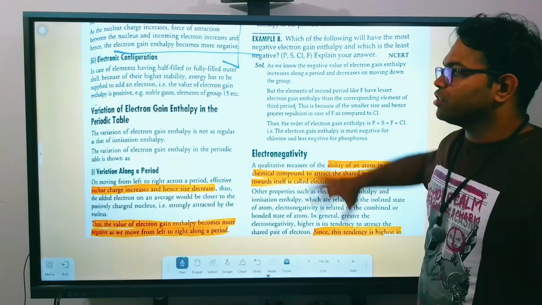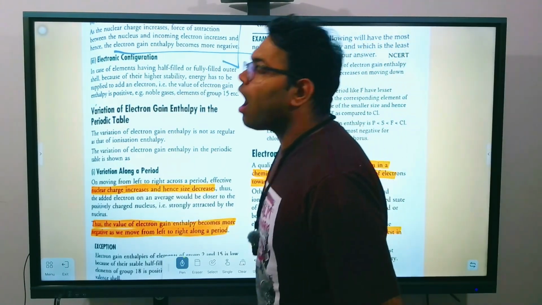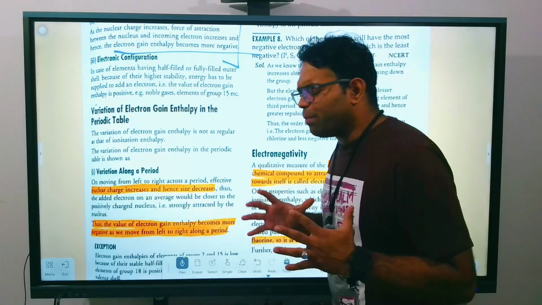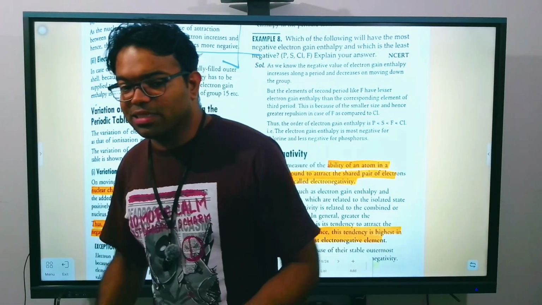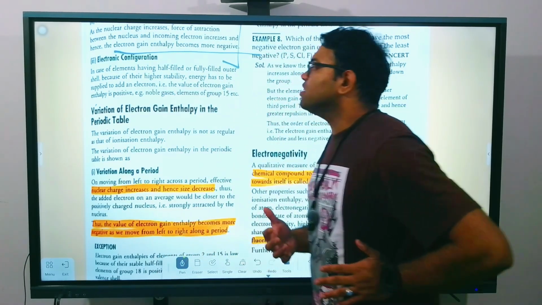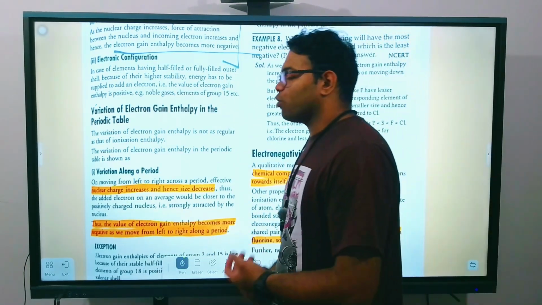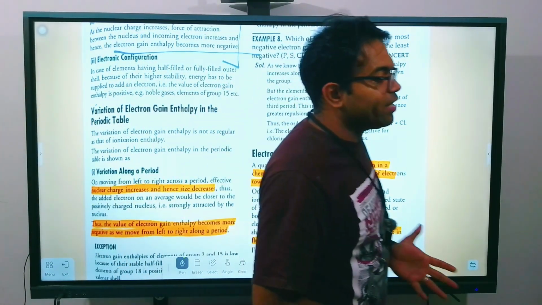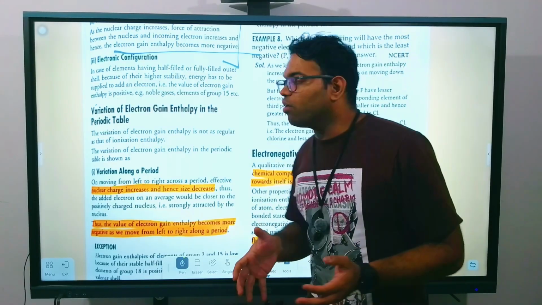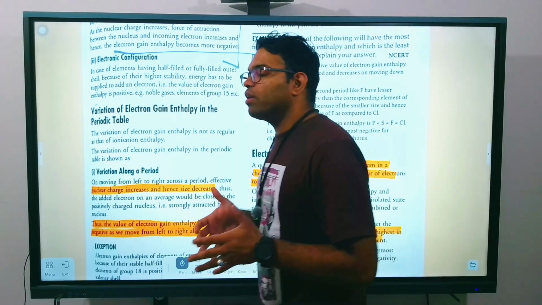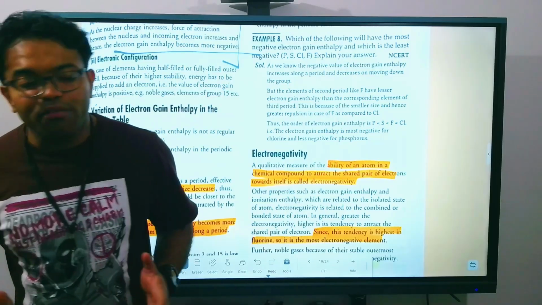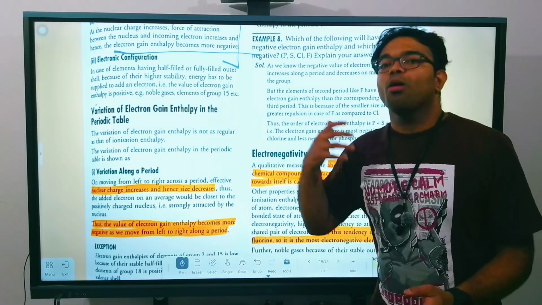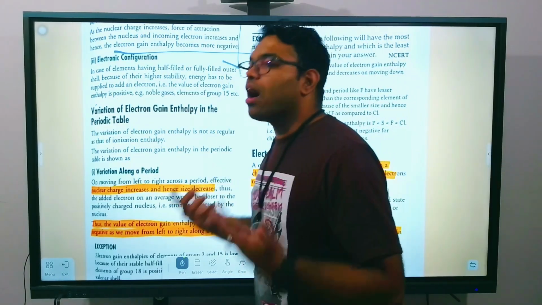Okay. Electronic configuration. In case of elements having half filled or fully filled outer shells, because of their high stability, they are already stable in nature. They are already full. Energy has to be supplied to add an electron to destroy their stability. You are trying to destroy their stability by the addition of an electron. So therefore, the electron gain enthalpy for the half filled and completely filled atoms will be a bit higher, more positive compared to that of others.